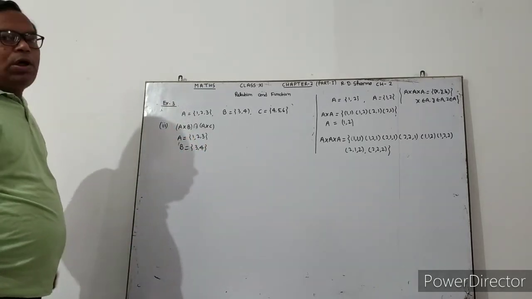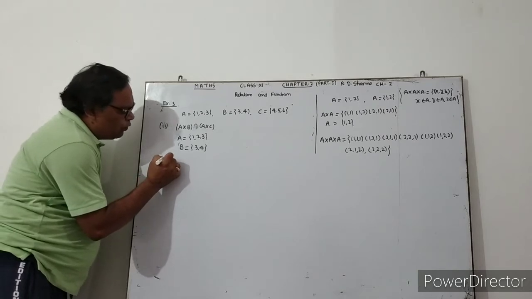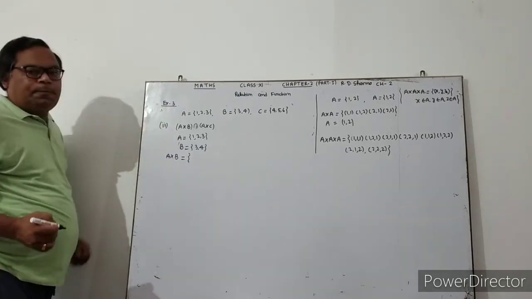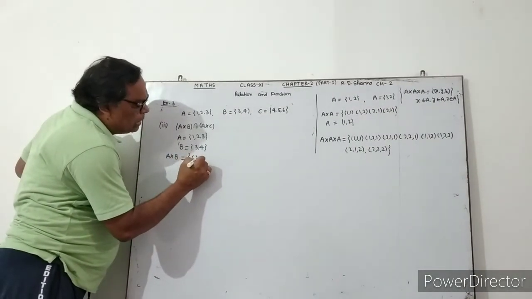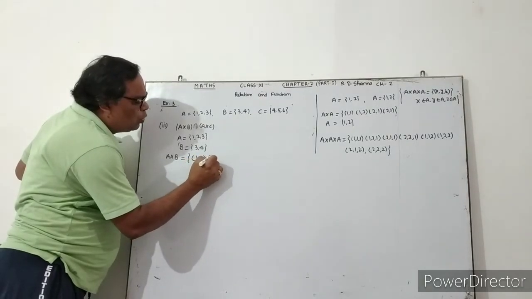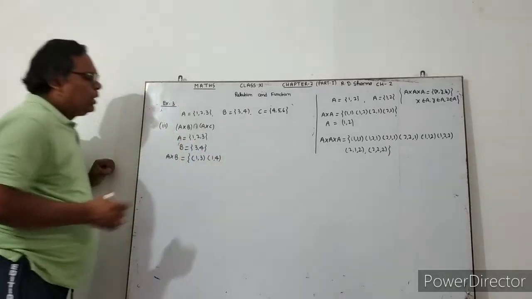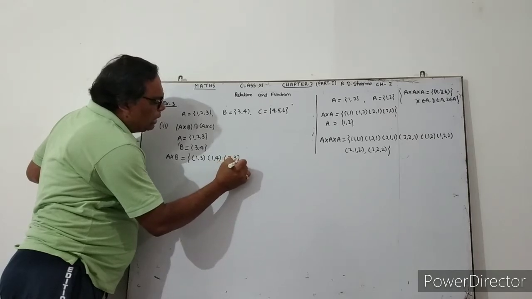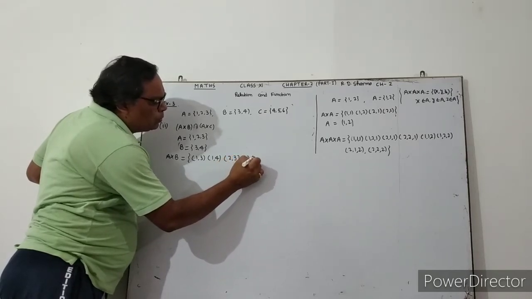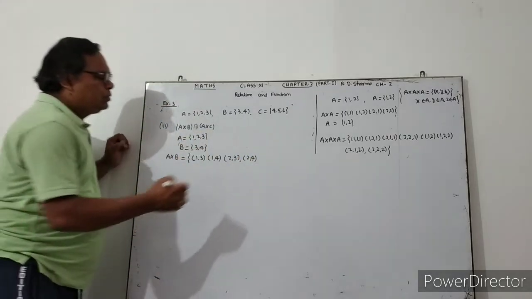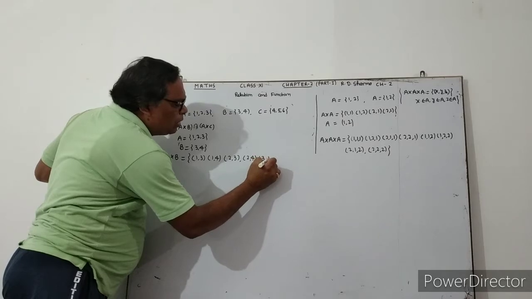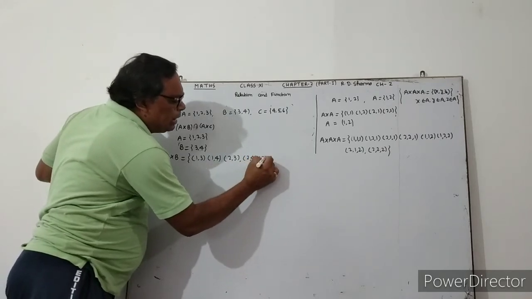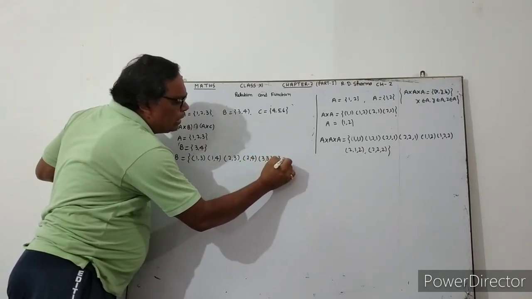Now find the A cross B. A cross B is 1, 3, 1, 4. We will make pairs with 2: 2, 3, 2, 4. 3, 3, 3, 4.